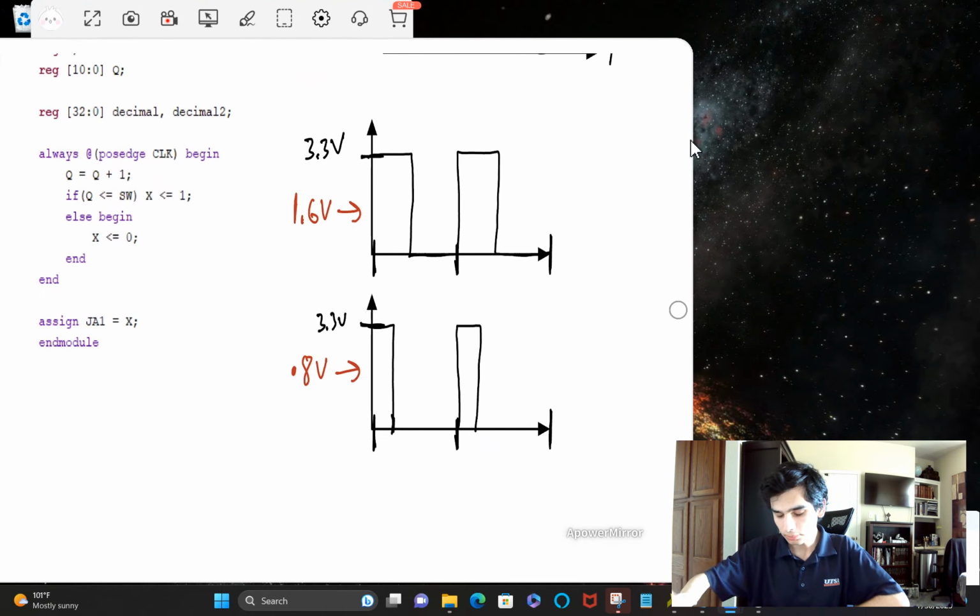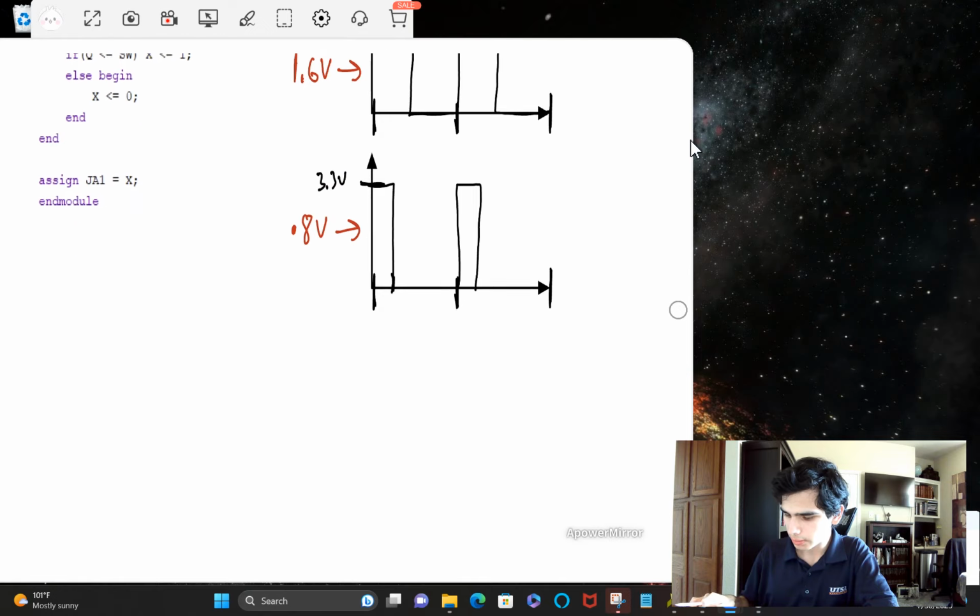Okay, we're making good time. So if you turn it on for only 1/4 of the time, then you get 1/4 of the maximum. So yeah, you get the point now.